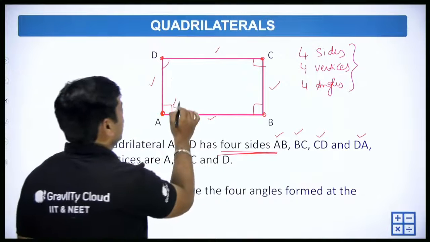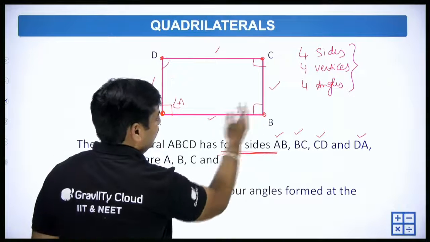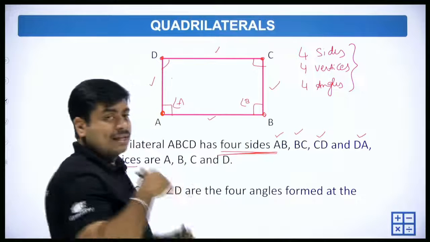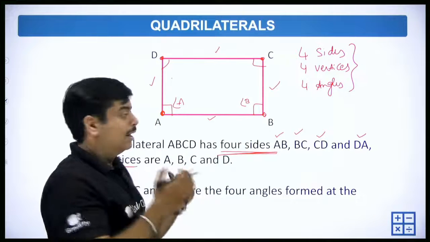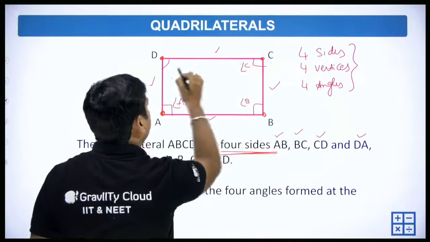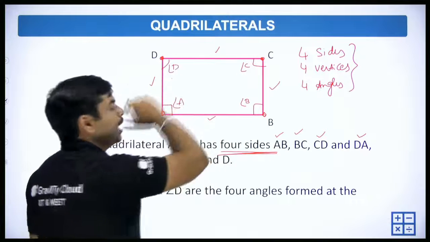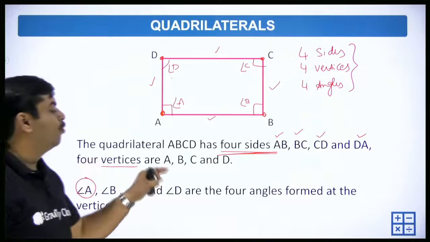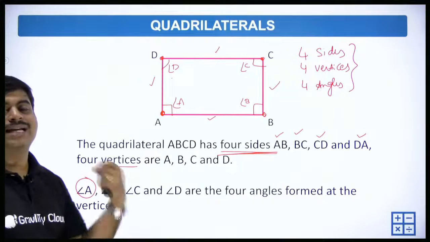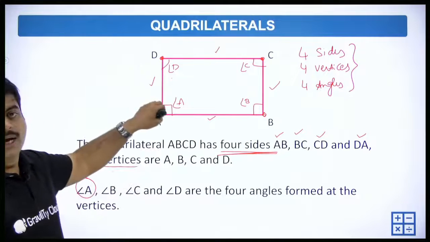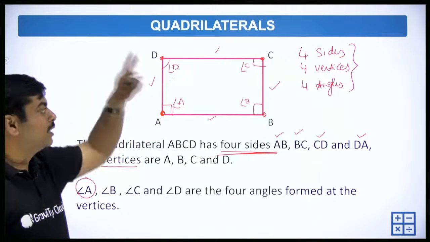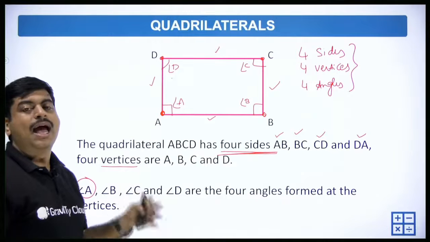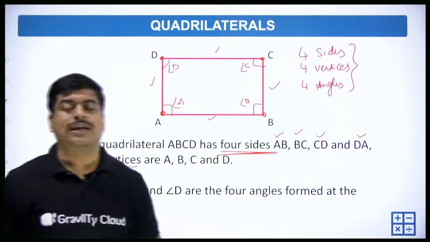This is angle A. The measurement here that we obtained is angle B. How to measure the angles and how to write them, we are going to learn later. So angle A, angle B, angle C and angle D are the four angles formed at the vertices. Angles form at the vertex. So we have four vertices, four sides, four angles, and that type of structure we say is a quadrilateral.